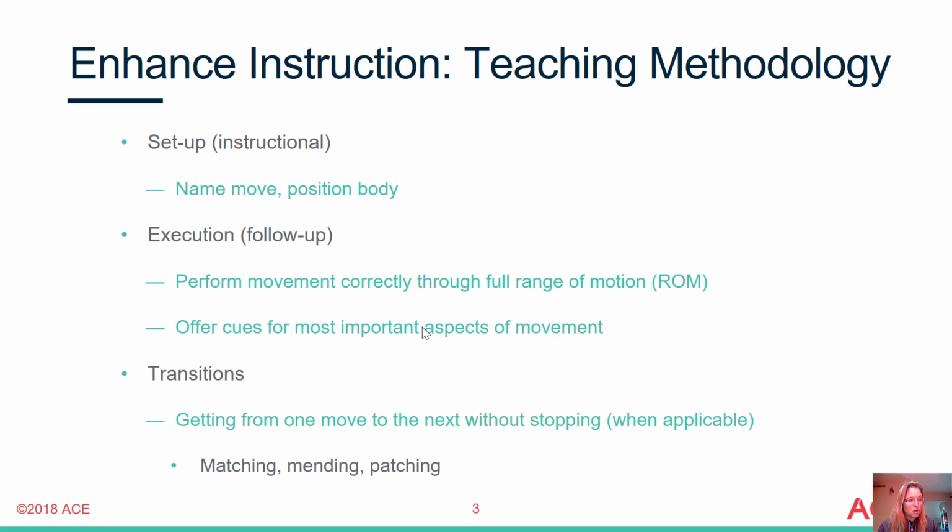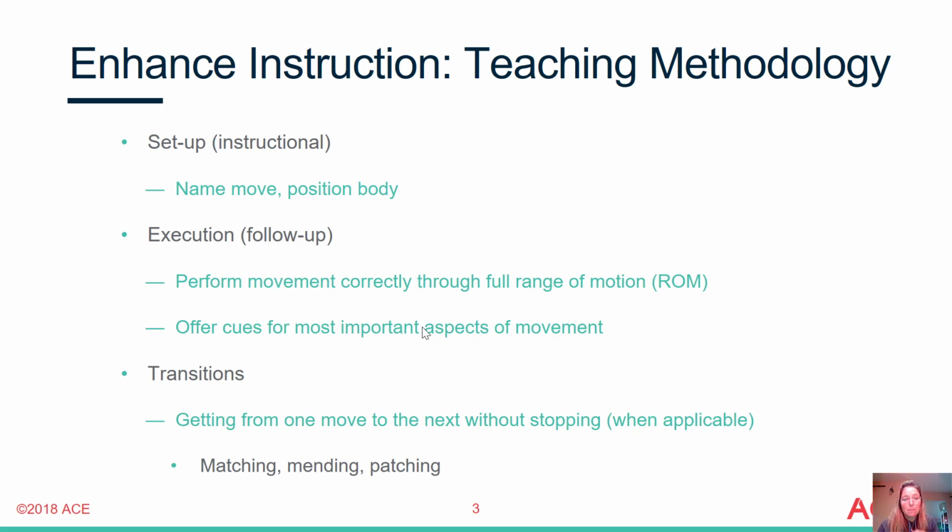Okay, so making sure we're doing them slow and controlled when needed through that full range of motion, and that's going to help with the success of doing the movement. Also, we want to make sure that we offer cues for the most important aspects of the movement, right? So things like breathing. When do we exhale? When do we inhale? There's cue body positions that we really want to reinforce during that movement.